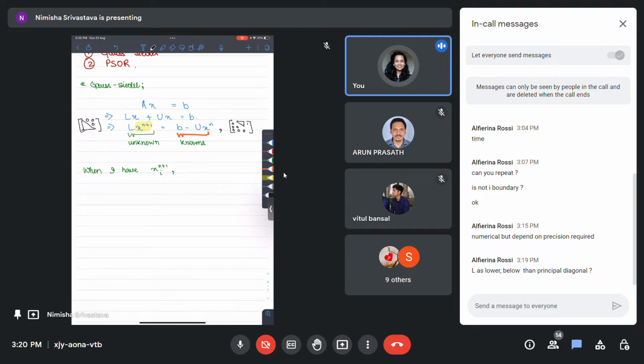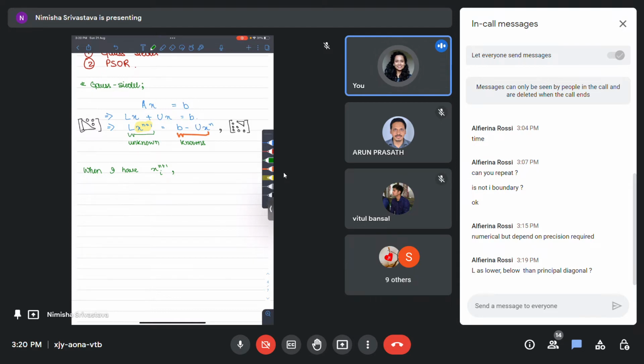Okay, so we all get the point of what I'm trying to say, right? So now when I'm trying to do this sort of computation, I'll get a system of linear equations as specified.